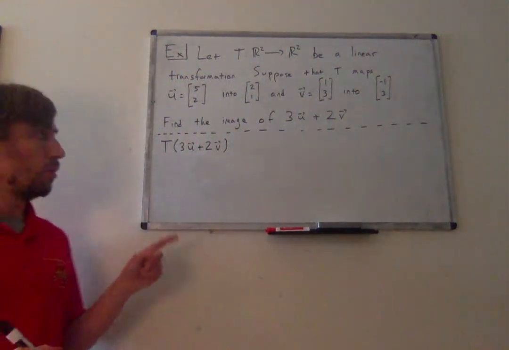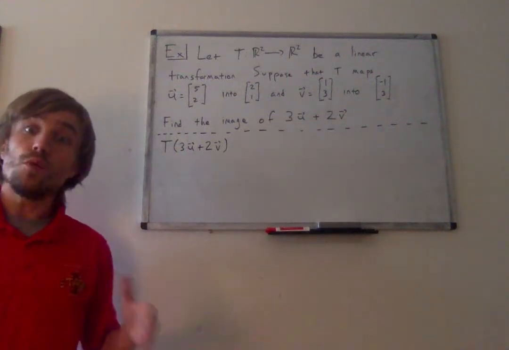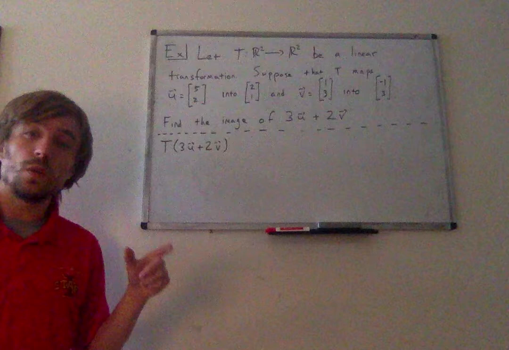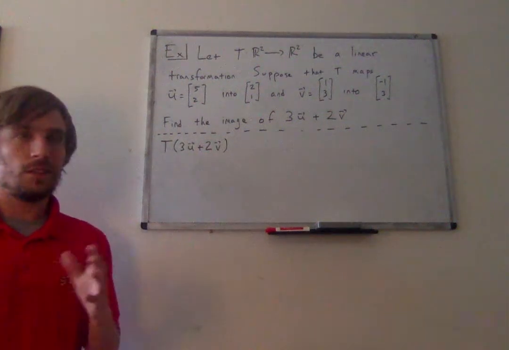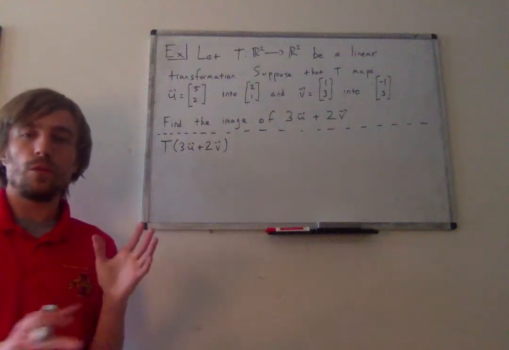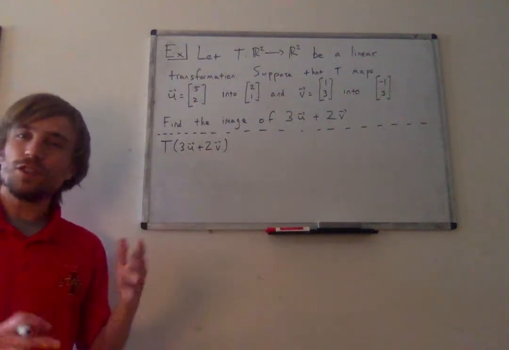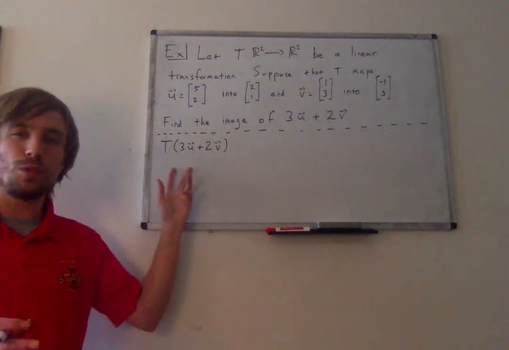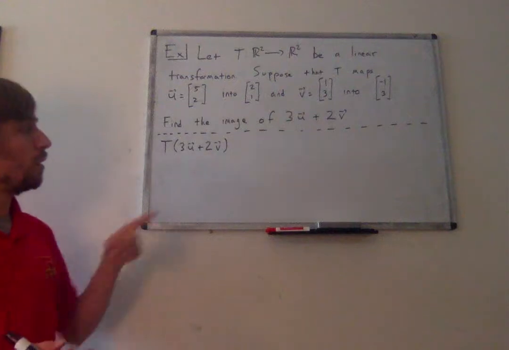What we don't want to do, interestingly enough, is actually calculate 3u + 2v. We know nothing about that exact vector when we look at it in this way. A lot of math is trying to turn things into a problem that we know how to solve. We don't know how to solve this problem, but we have some rules which can maybe turn it into the sum of two problems which we know how to solve.